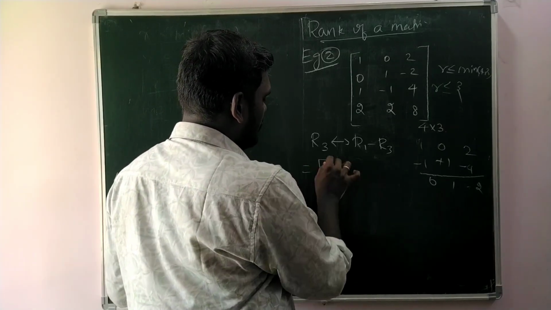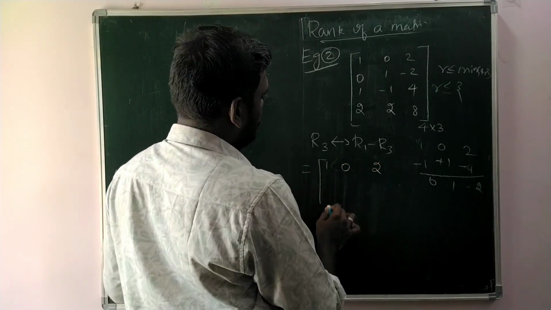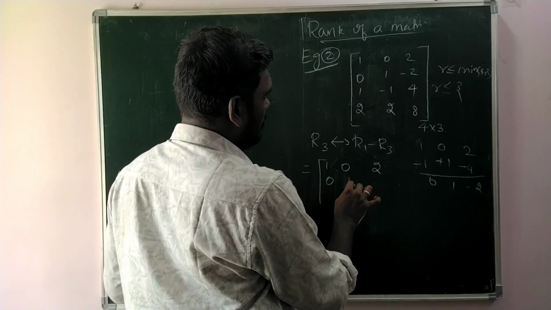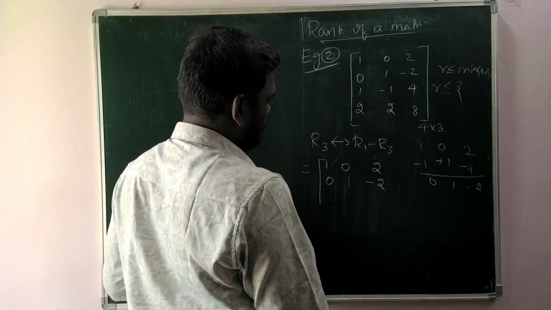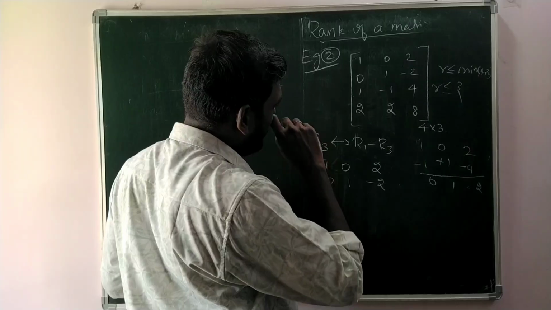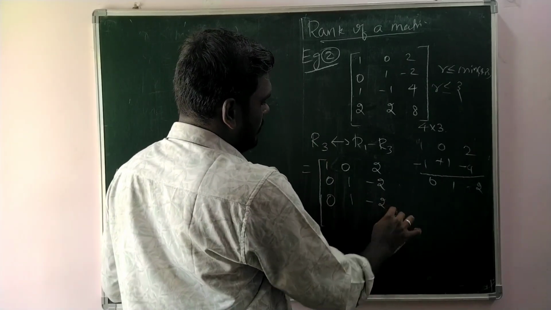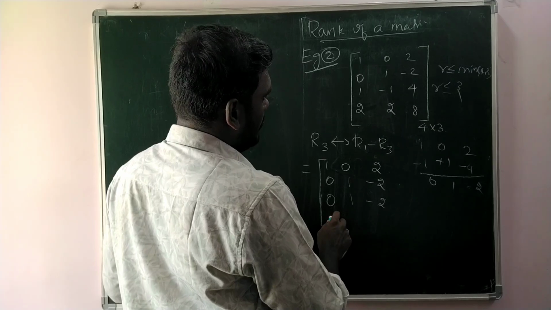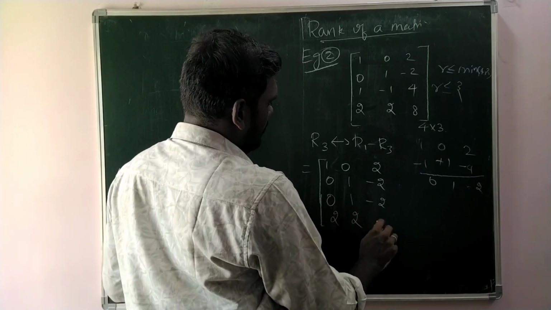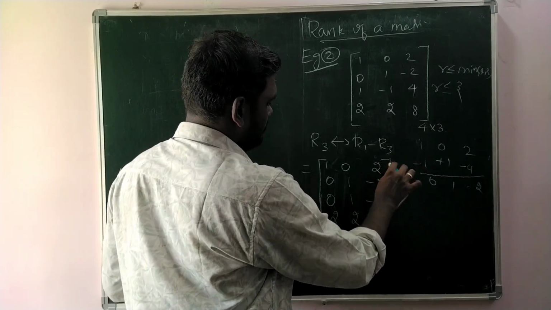First row remains unchanged, 1, 0, 2. Second row remains unchanged, 0, 1, minus 2. Third row is the only one we changed: 0, 1, minus 2. And this one, 2, 2, 8.